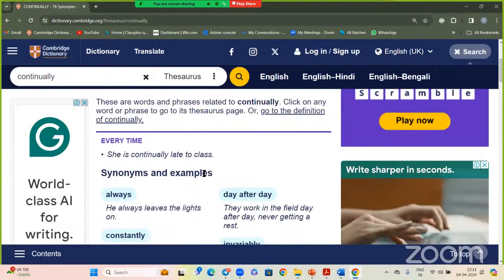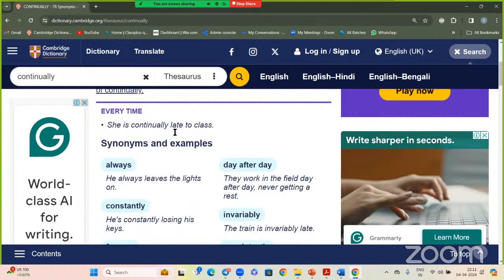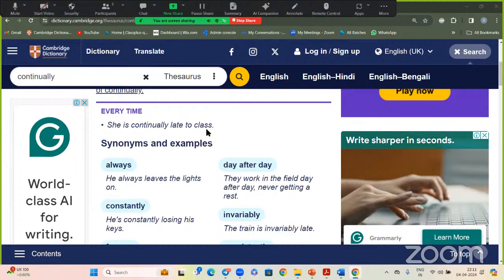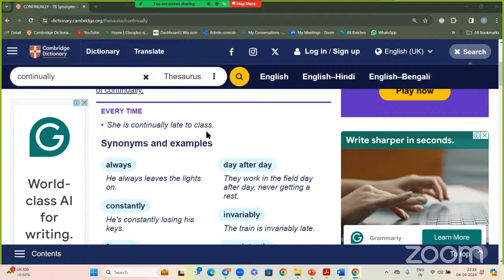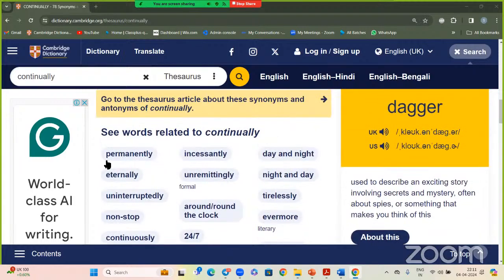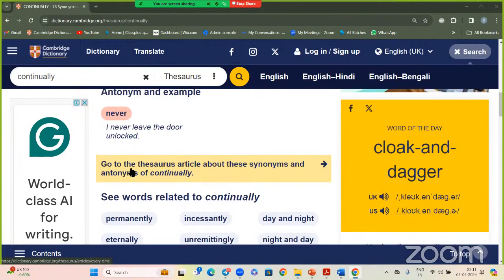Continually. She's continually late to the class. Means on various occasions and multiple occasions. Like that. Continually means many times, repeatedly. Multiple times.